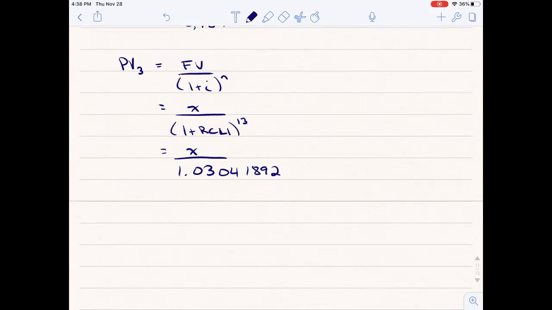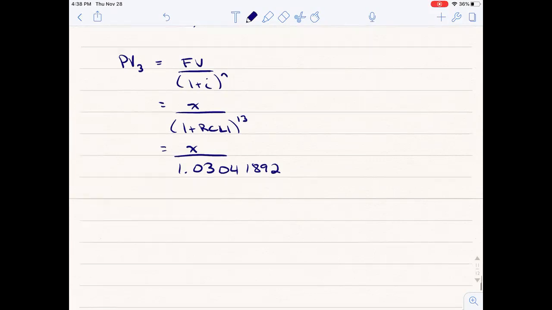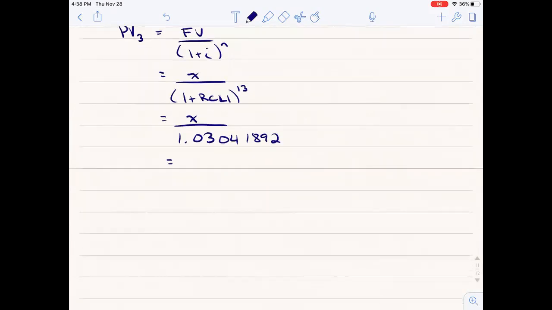So if you do 1 over that answer, that's going to bring it up to the numerator. You even have the 1 over x button, which will just do that for you. It brings this from the denominator up to the numerator if you hit it. Either way you prefer to do it, you're going to end up with 0.970479075x.